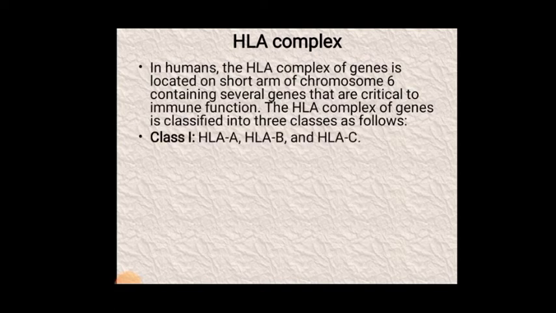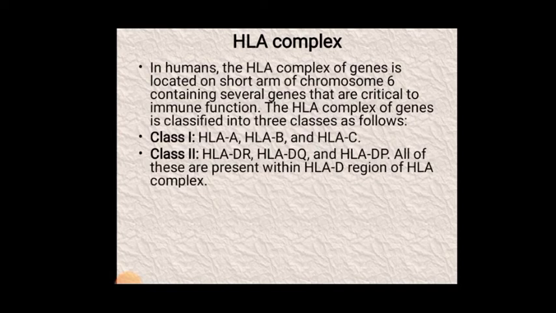And these are classified as the class I molecule. The gene loci for the class I molecule include HLA-A, HLA-B and HLA-C. Means these three gene loci A, B and C are responsible to give the class I MHC molecule.